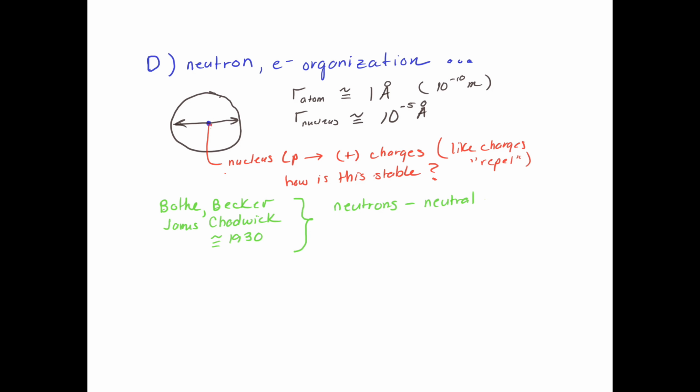They discovered these other subatomic particles which are known as neutrons, which are neutral particles, and basically their function in the nucleus is simply to get in between those positively charged protons that are repelling each other and to dilute them, to make the nucleus stable.